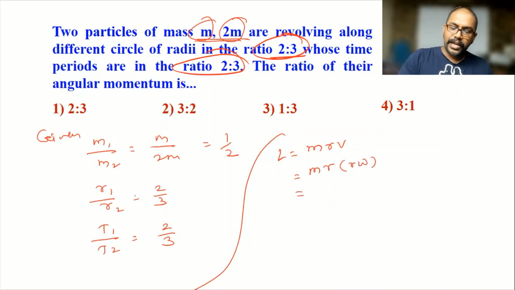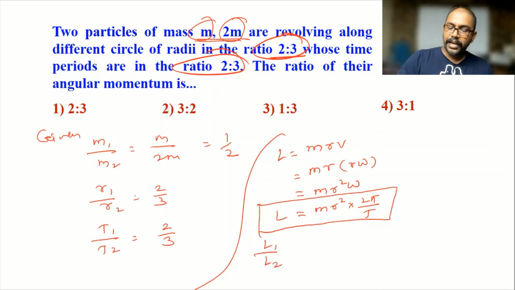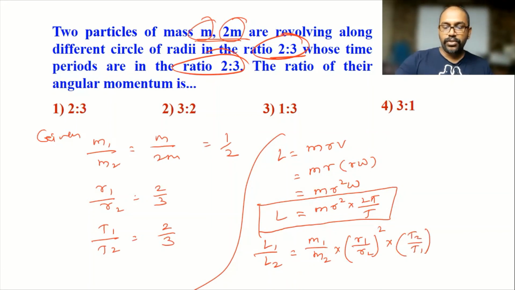So we get the formula M R square omega, and omega I can write as 2 pi by T. So this is the formula of L. By using that, L1 by L2 is equal to M1 by M2 multiplied by R1 by R2 whole square, multiplied by T2 by T1, since 2 pi is constant. Then we have to substitute the values to get the answer.